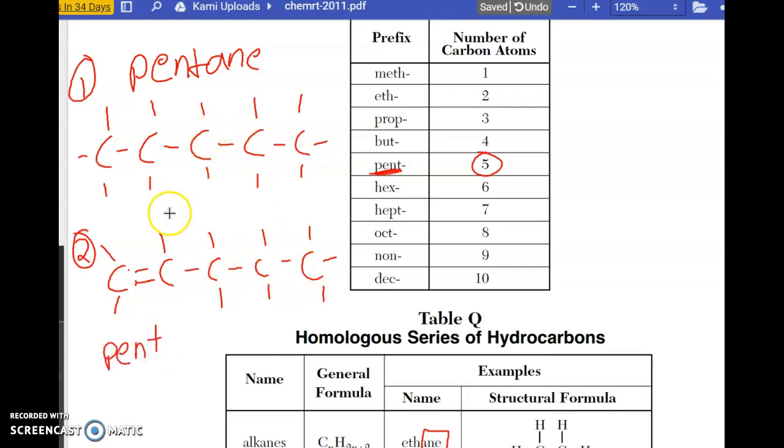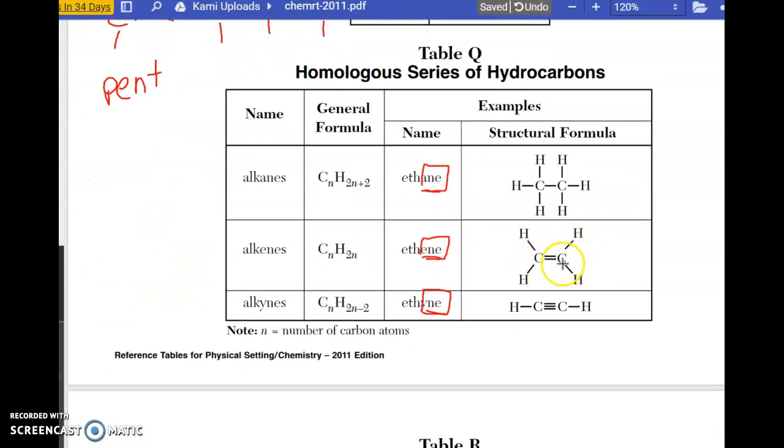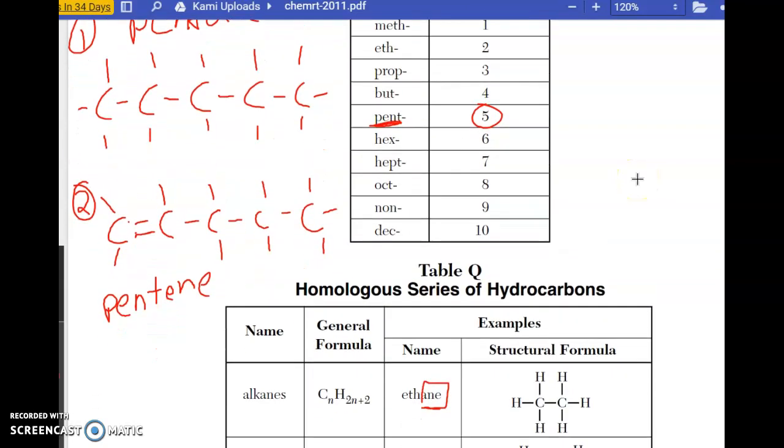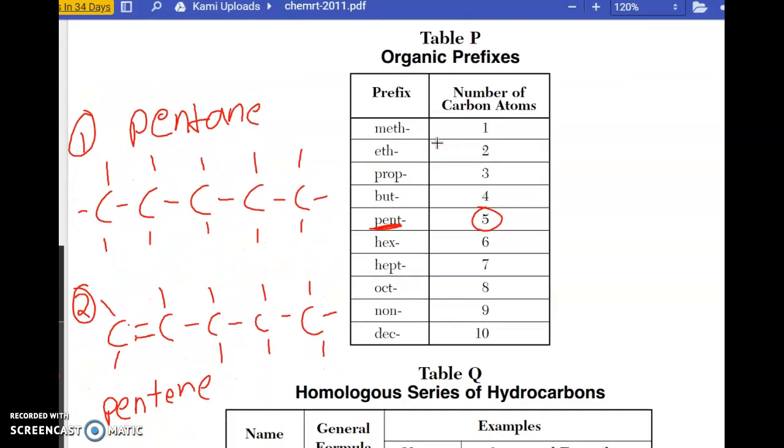The difference between this organic molecule and this one is that it now has a double bond between 2 of the carbons. So because it has a double bond, its name is going to end in ene. So number 2's name is pentene. So that is the gist of how to name an organic compound.